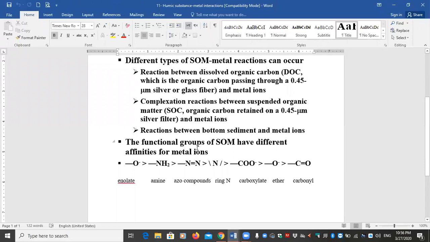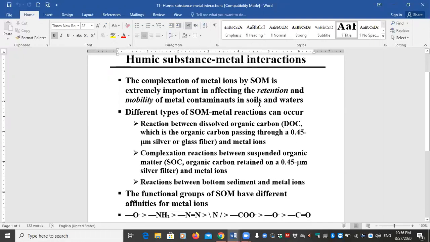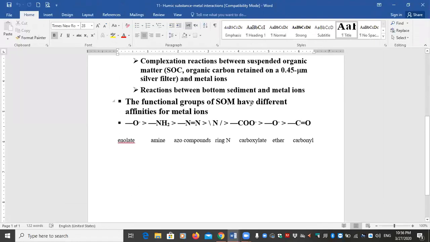The functional groups of soil organic matter have different affinities for metal ions. Remember the title? We are interested in the humic substances metal interactions, this complexation. So the affinity is how much they are attracted to each other, the strength of attraction between them.